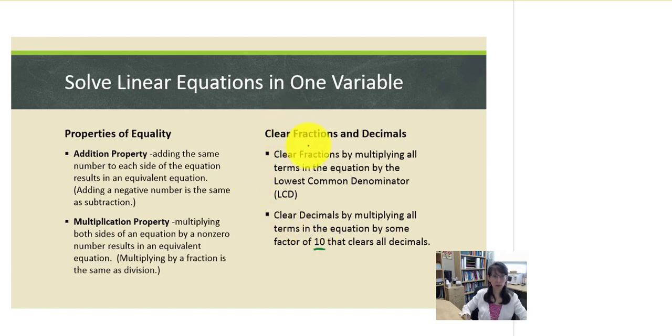Fractions are a little more complicated. In order to eliminate fractions from a given equation, you will have to find the lowest common denominator. So when we come across a problem like that today, I'll show you step by step how to determine what the lowest common denominator is and how to use it.